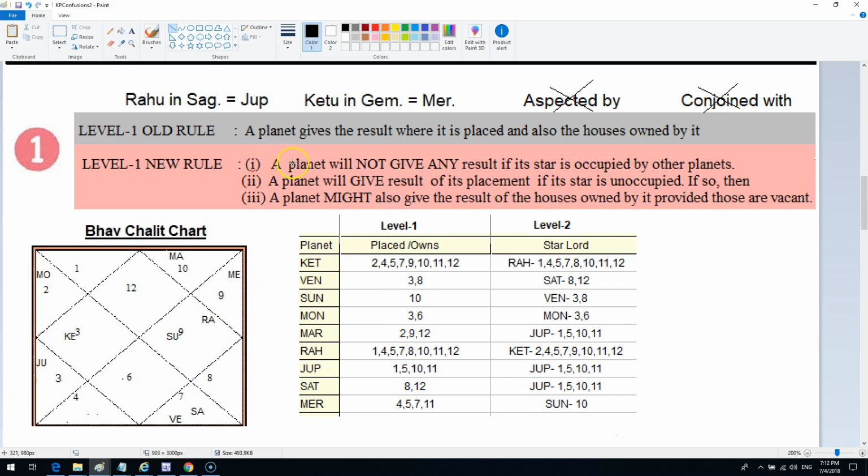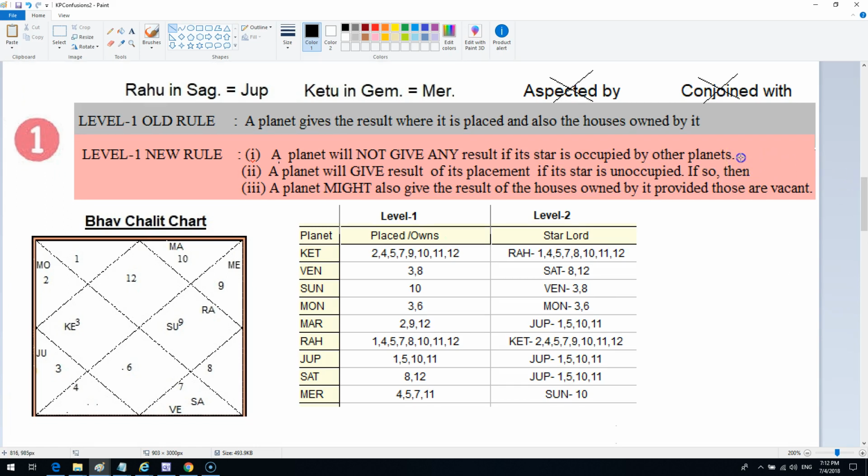But what is the deviation in the new rule? The new rule says a planet will not give any result if its star is occupied by other planets. This is something very important that needs to be understood at level 1. So instead of saying a planet, I will say Venus will not give any result if its star is occupied by other planets.